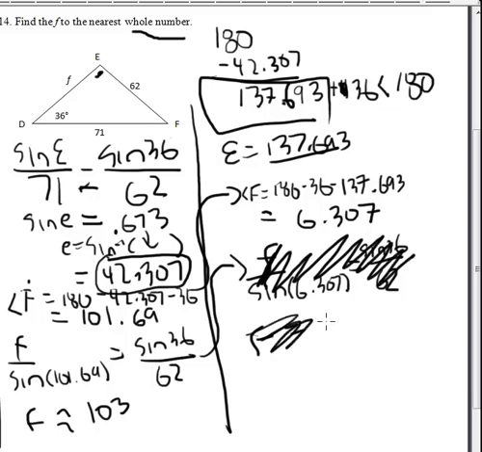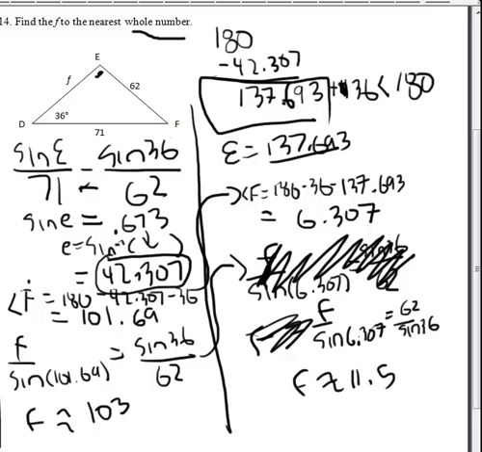It's f over sine of 6.307 equals 62 over sine of 36. Cross multiply and solve for f, and you'll find that f is approximately 11.5. I think on the worksheet it was 11 because the calculator I was using gave me slightly more accurate decimals.